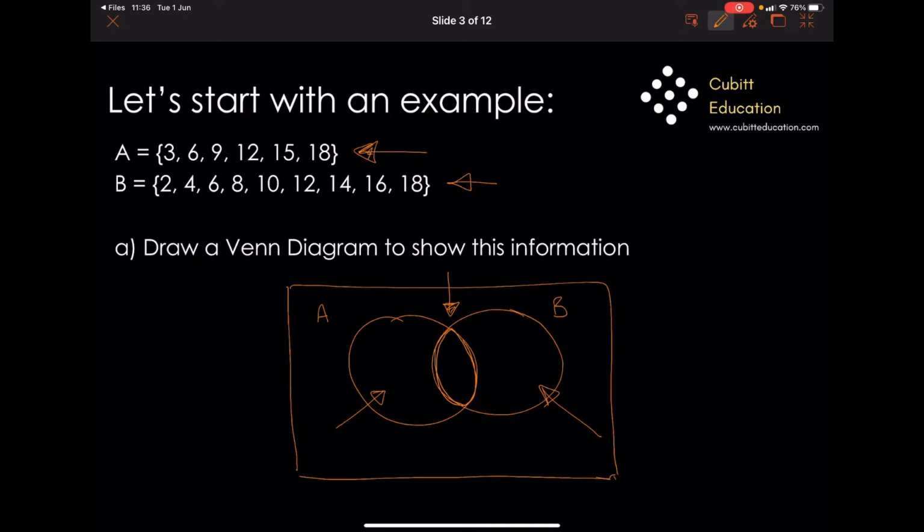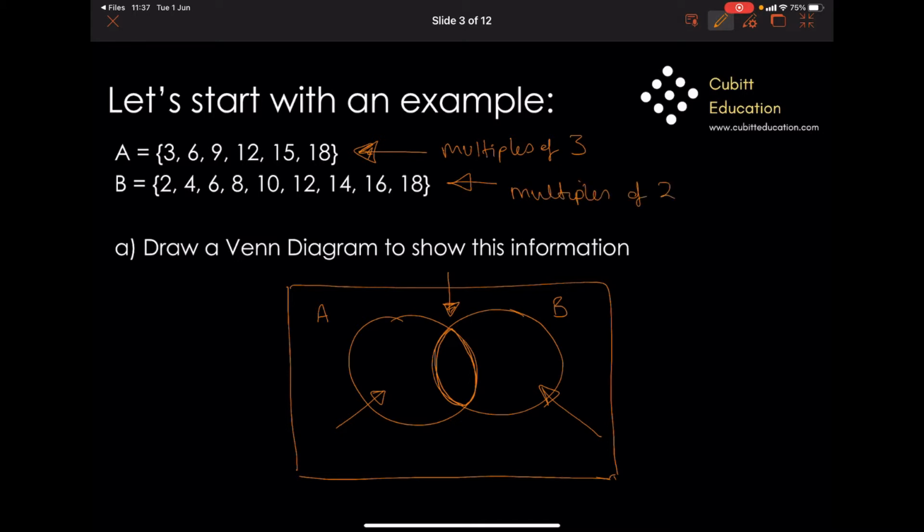The easiest thing that we could do is check to see what numbers are in both A and B. So if we look through set A, we have 3, 6, 9, 12, 15 and 18. And in set B, we have 2, 4, 6, 8, 10, 12, 14, 16 and 18. So we could say that these are multiples of 3, and these are obviously multiples of 2.